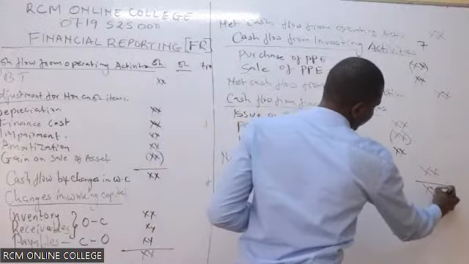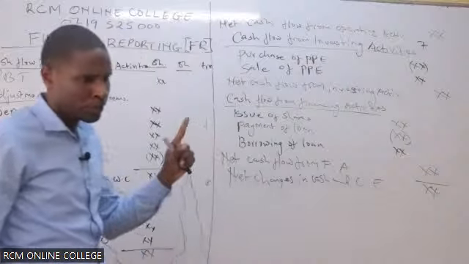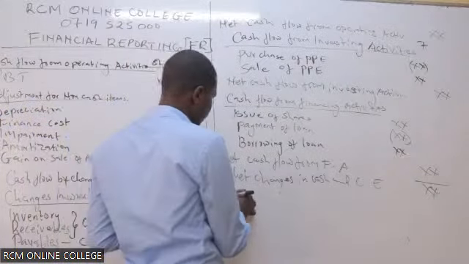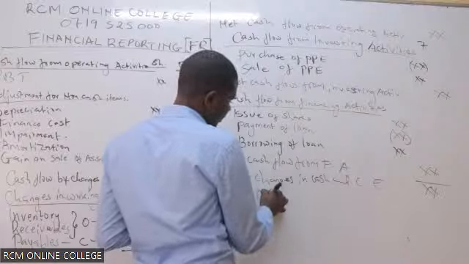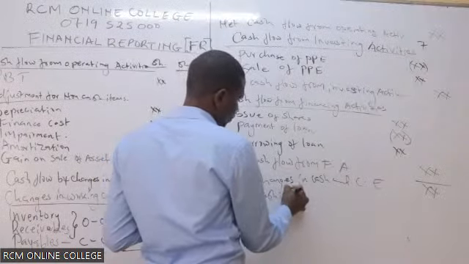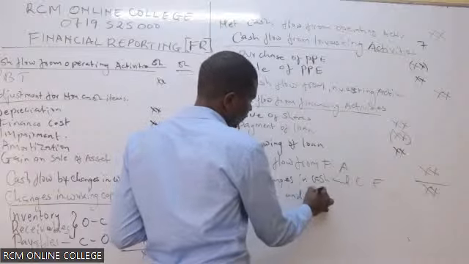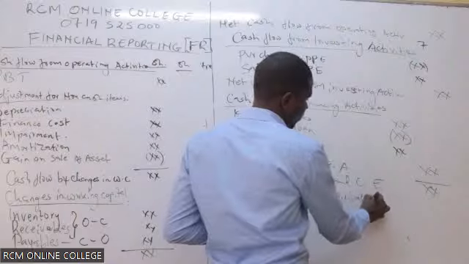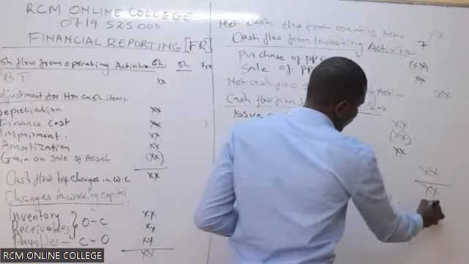Net changes in cash and cash equivalent itakuwa hapo. Then you add cash and cash equivalent brought down.